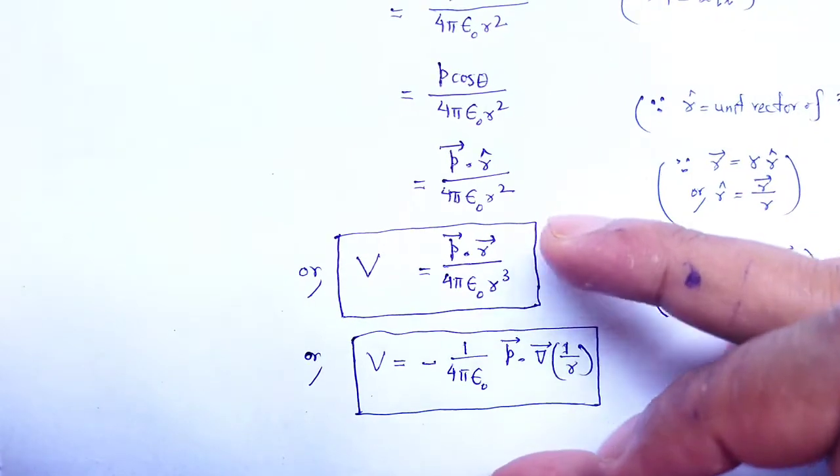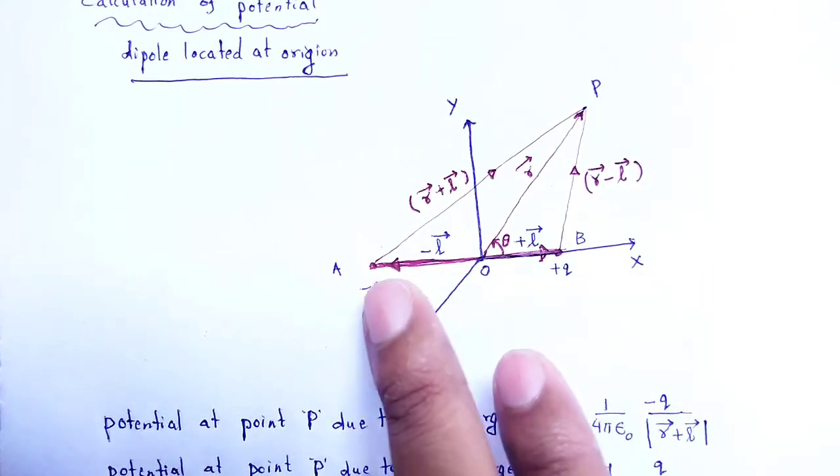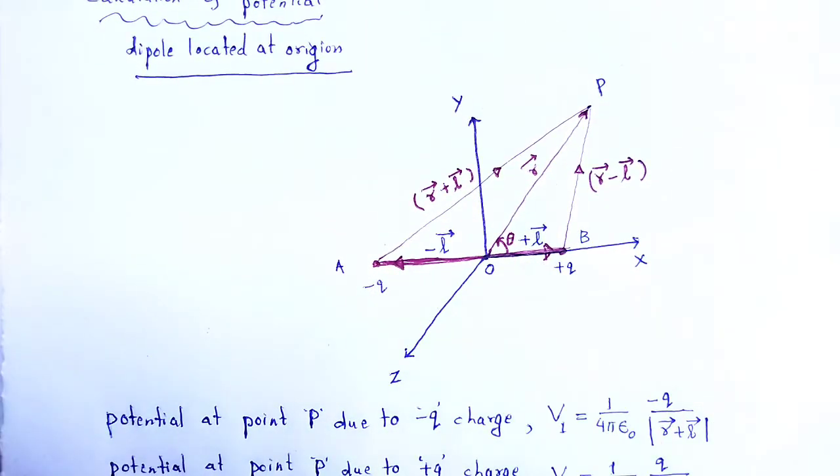Now we get the expression of potential at point P when the dipole is located at the origin.